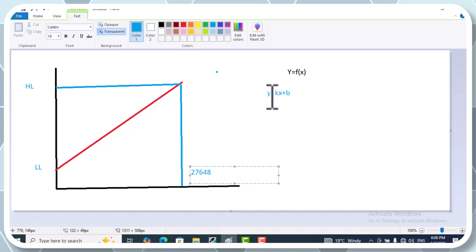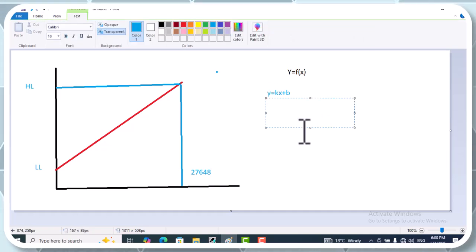In this case our B is equal to the low level, and my friends, K is the high level minus the low level, and all of this we must divide by 27,648.